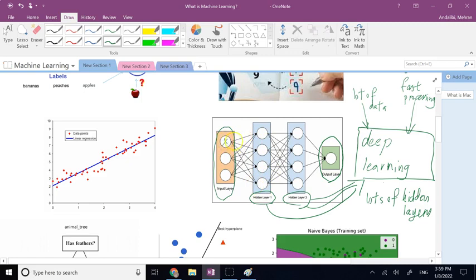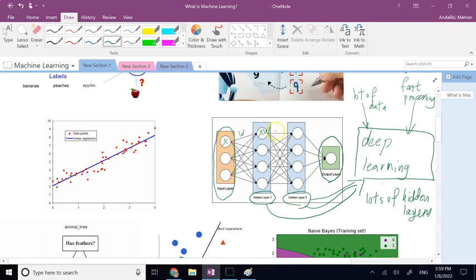this x, you can multiply it by a gain, a weight, like w. So the data that goes here is like x times w. And then here you can pass it through a function, which is called the activation function, right?